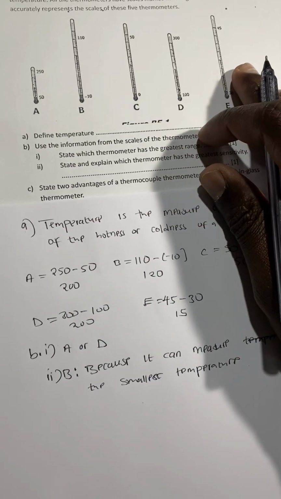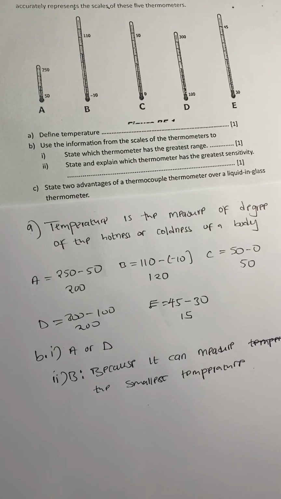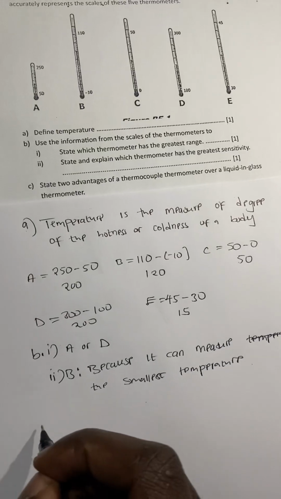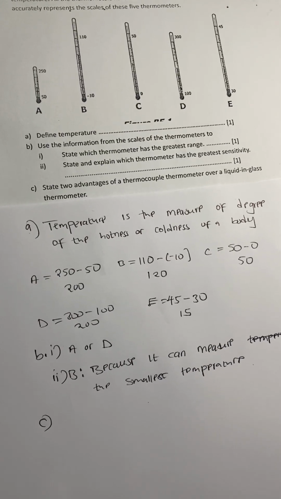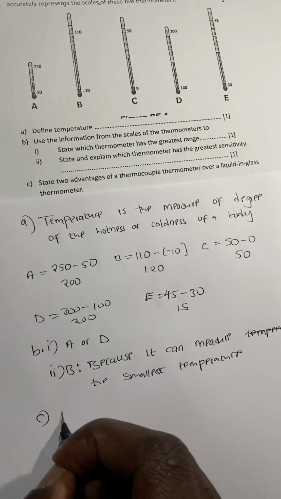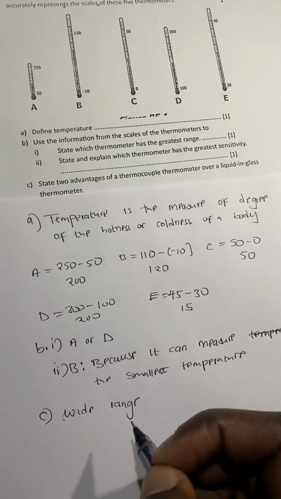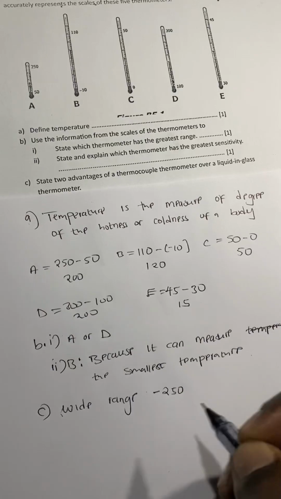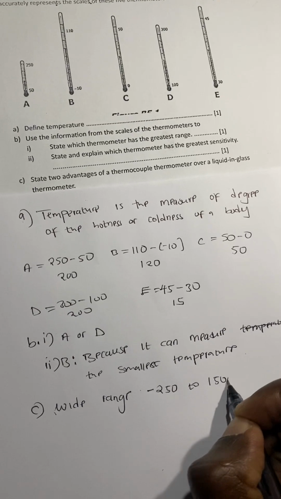Then the last one, state two advantages of a thermocouple thermometer over a liquid-in-glass thermometer. So for C, what you need to know is that a thermocouple has a wide range. What I mean by wide range, it can measure temperature from as low as negative 250 degrees Celsius to somewhere around 1500 degrees Celsius.